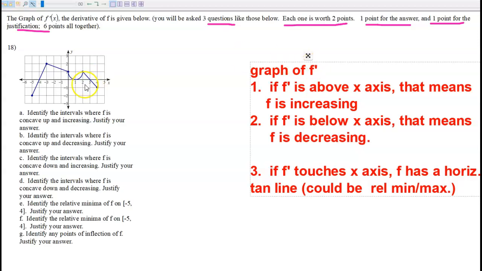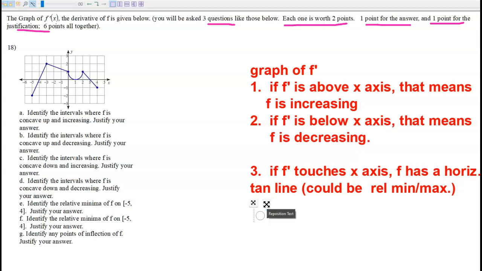So based on this graph, which is a graph of f prime, if it's above, f is increasing. If it's below, f is decreasing. If it's touching the x-axis, that is possibly a relative minimum or a relative maximum. Right? What else do we know, though? Because here's what we know about this.